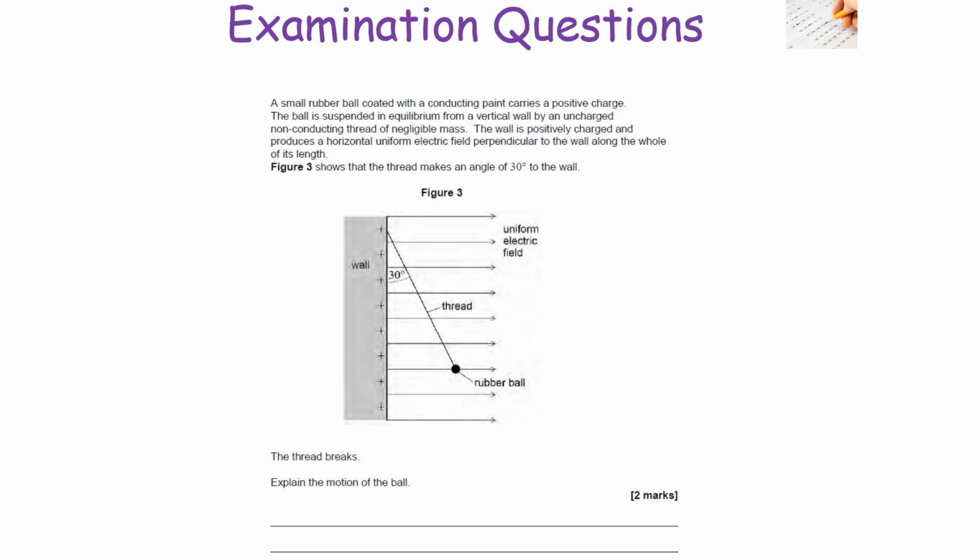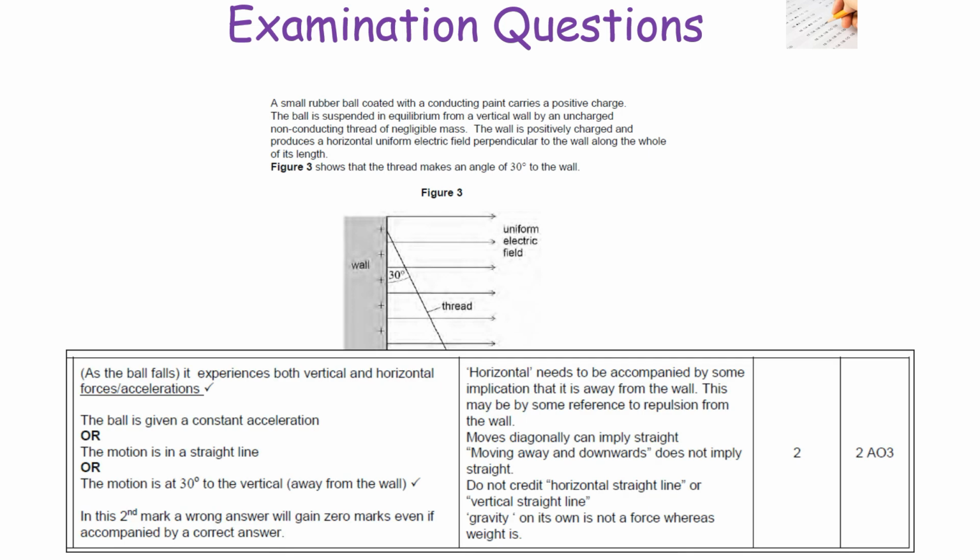So we've got our electrical force accelerating it to the right, and our weight force accelerating it vertically downwards. So you're going to have acceleration in a straight line at 30 degrees to the vertical away from the wall, because you have two accelerations acting on the object, one in the horizontal due to the electrical field, and one in the vertical due to the gravitational field.